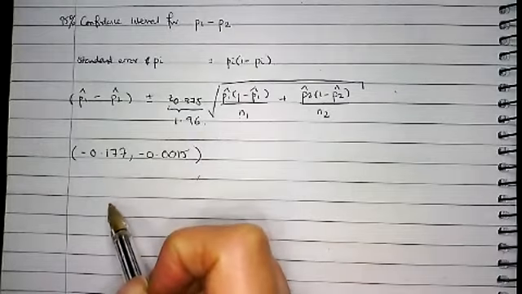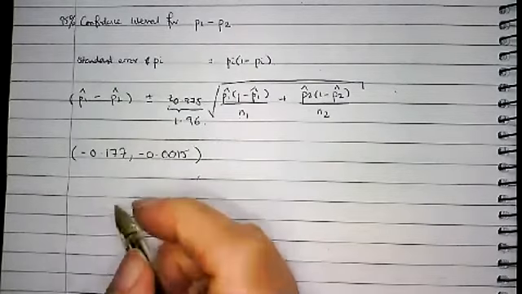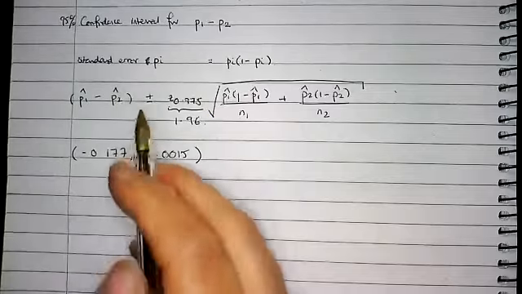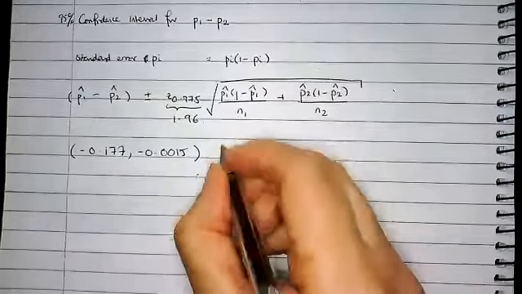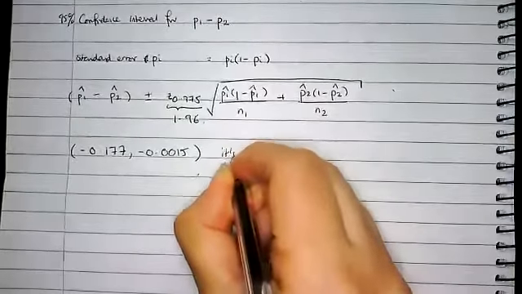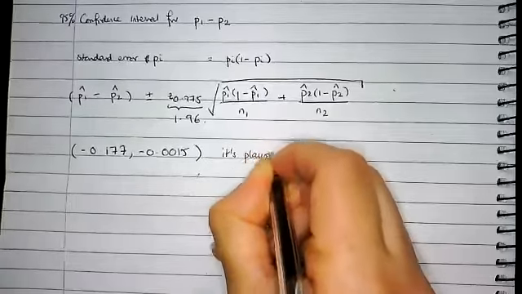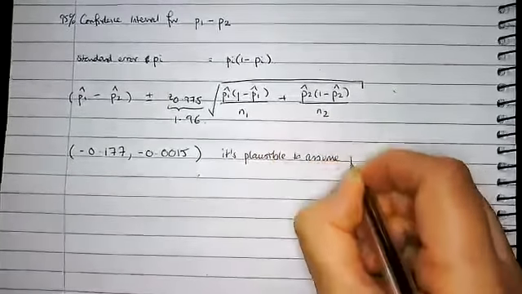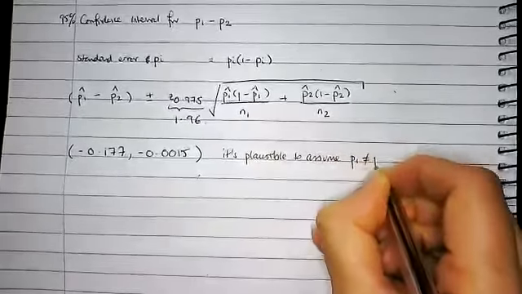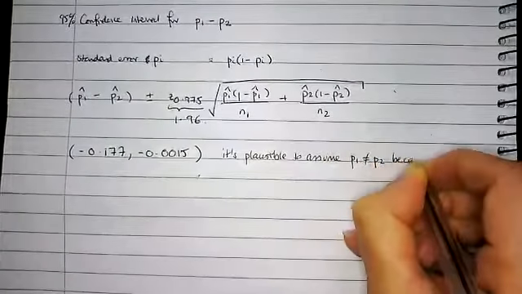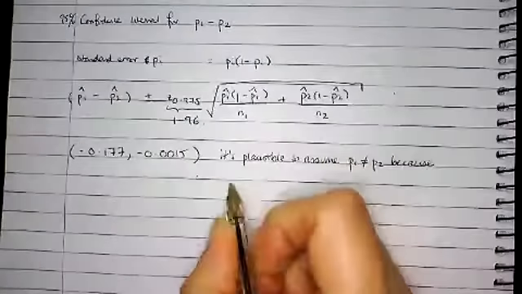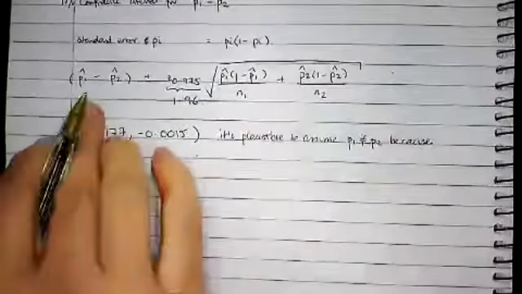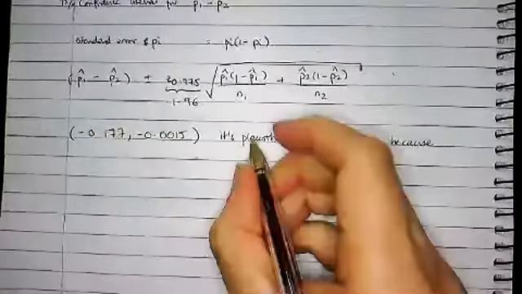So sadly, I can rule out the possibility that P1 equals P2. The reason why it's plausible for me to assume that they're not equal is because 0 is not in the confidence interval.